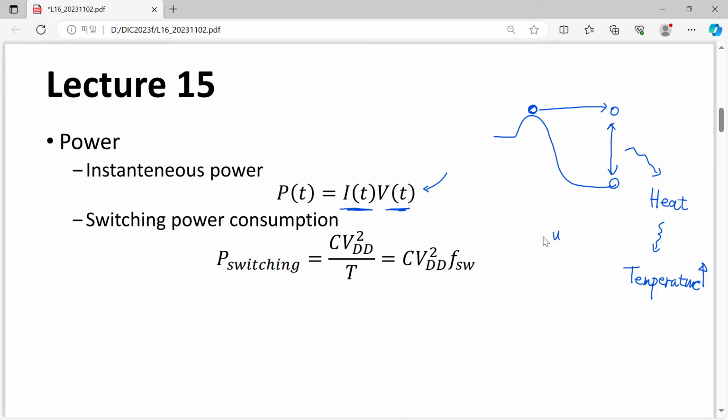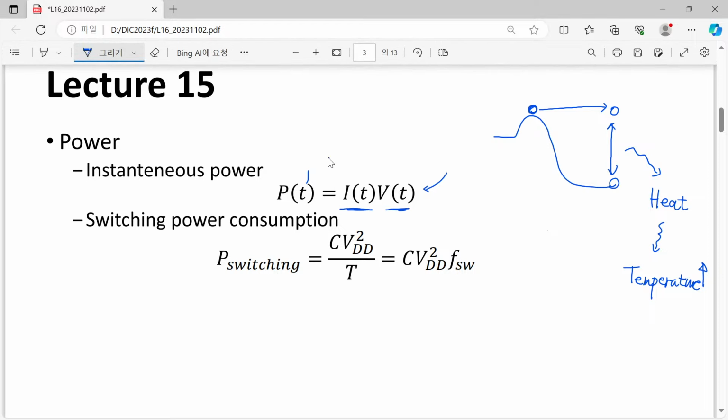And once we understand the power dissipation at a given time t is given by this one, then now we can think about a specialized case of switching.